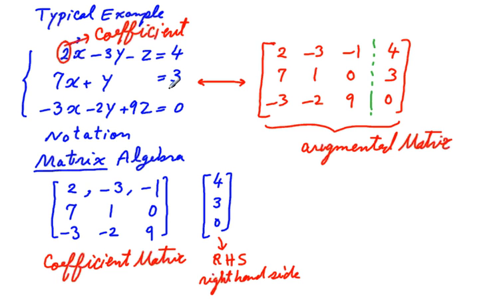When you take this equation and do to it what you have learned to do in junior high, we are going to refer to our activities as operations on equations. If we do it to this matrix, we are going to refer to what we are doing as operations on rows or columns.